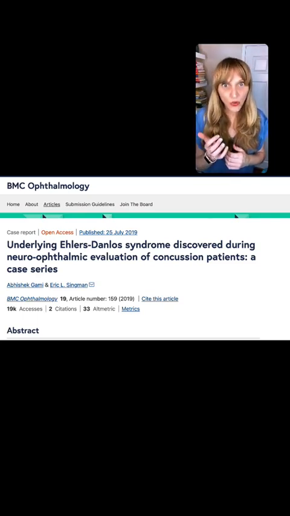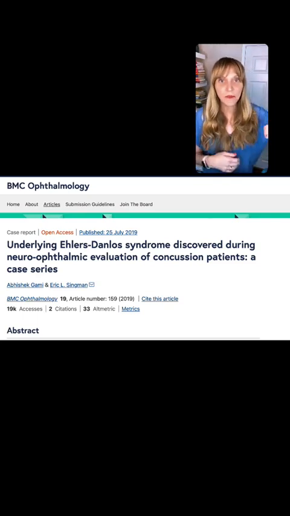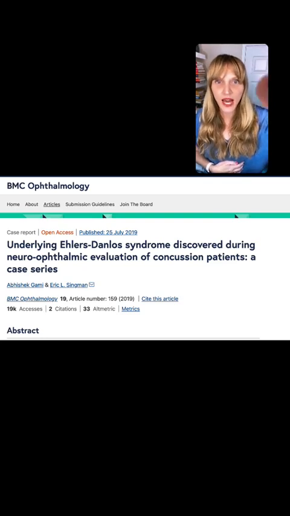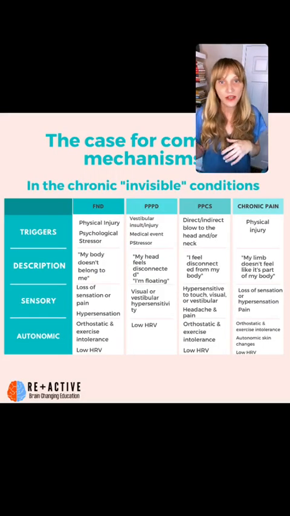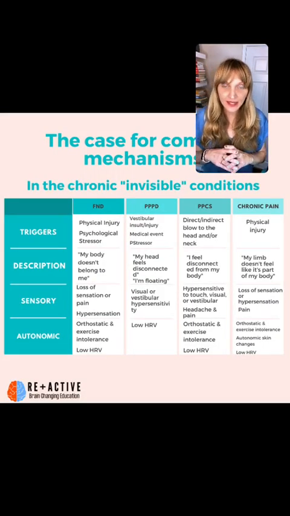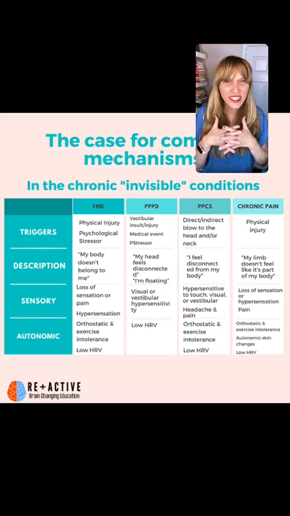So very important, and I'm going to go back to our table one more time. A big part of why understanding mechanism is so important is so we can test and treat these pieces together. Assess and treat it together.